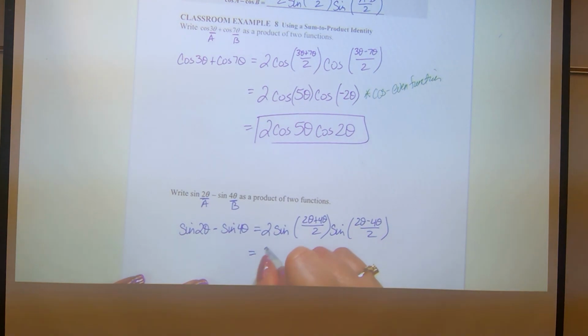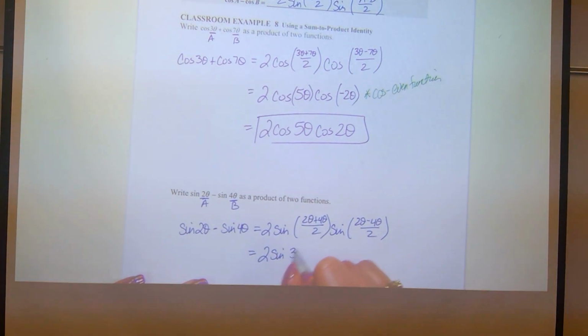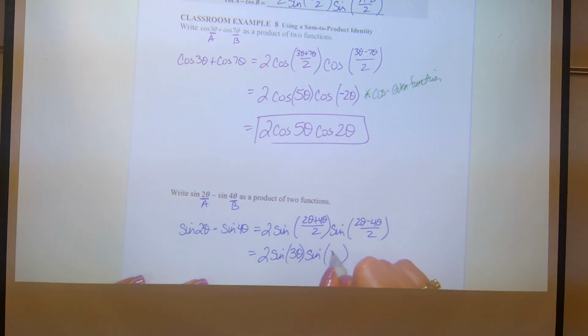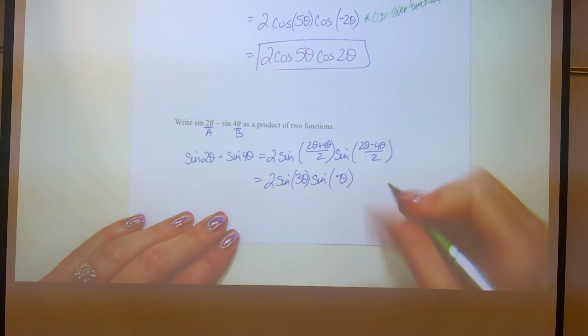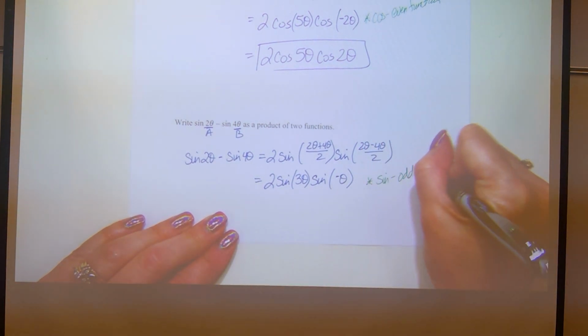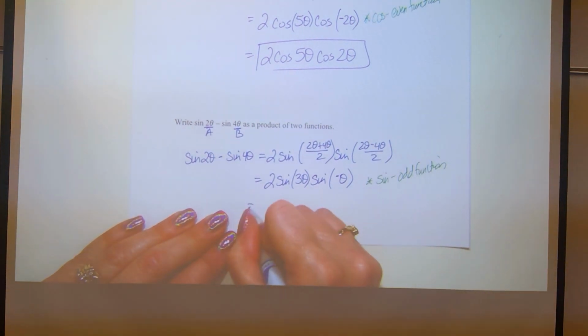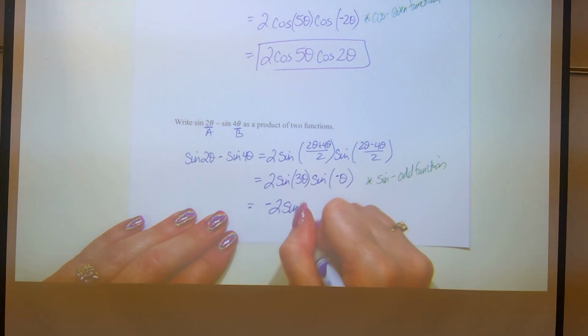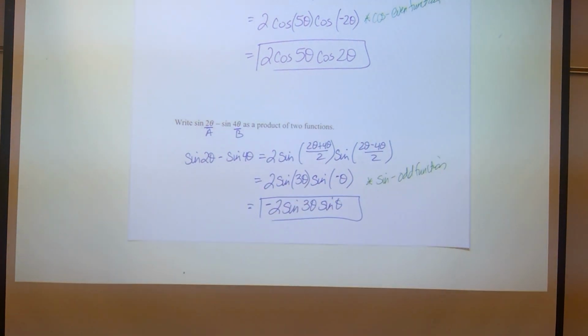So I've got 2 sine, that's 6 theta over 2 is 3 theta, sine of negative 2 theta over 2 is a negative theta. Is sine even or odd? Well, sine is an odd function, so I get the opposite result, which means I have a negative 2 sine 3 theta sine theta because that negative comes out.